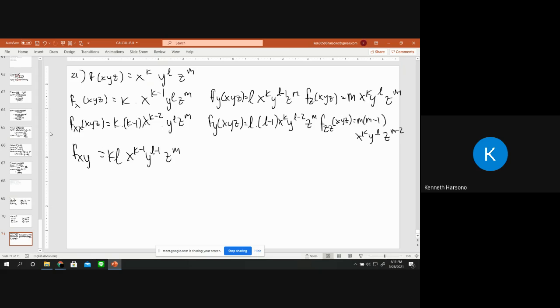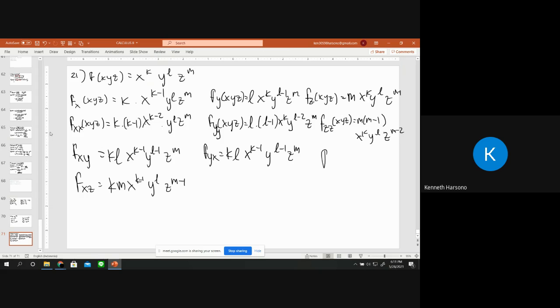And this one is also similar, so f_yx is the same, k l x^(k-1) y^(l-1) z^m. And f_xz is k m x^(k-1) y^l z^(m-1).